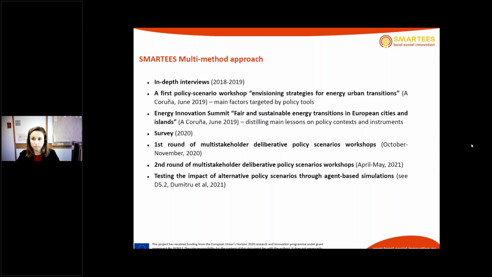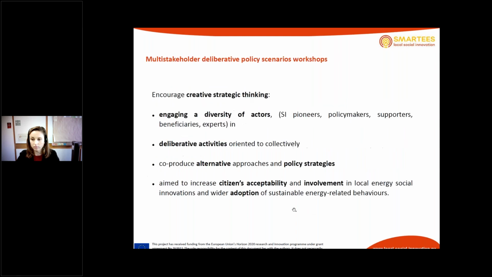Also, we conducted a specific survey in several cities and islands involved in the SMARTEES project. And also, we conducted the first round and the second round of multi-stakeholder deliberative policy scenario workshops that were organized in autumn of 2020 and in the spring of 2021. And finally, we test the impact of the alternative policy scenarios co-created in these policy workshops through agent-based simulation tools. So, next slide, please.